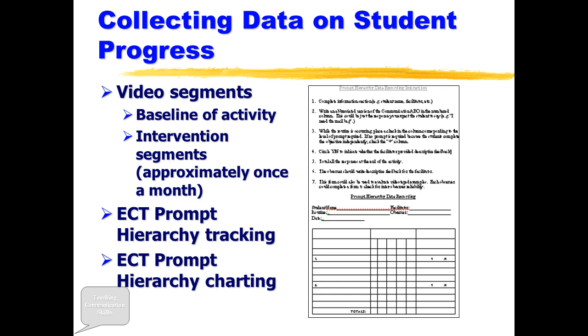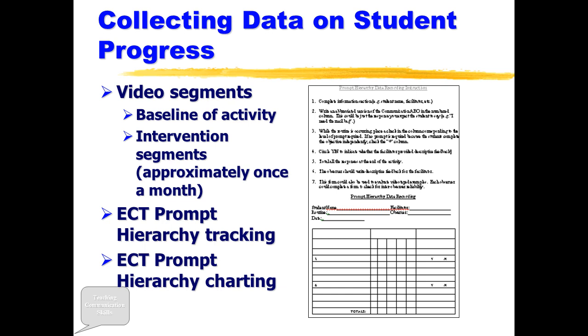Sometimes we're tracking the prompting hierarchy and charting on it, whether a student was at an open question level, a partial prompting level, or a full model level. If a student decides they didn't want to say a certain message, we do not count that against them.